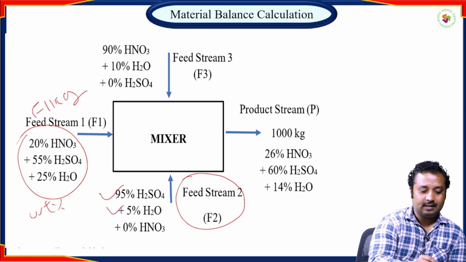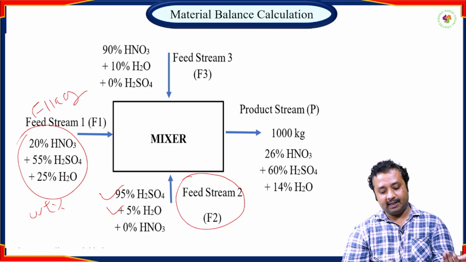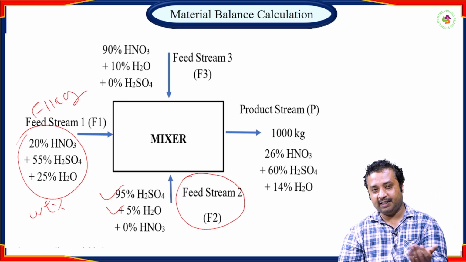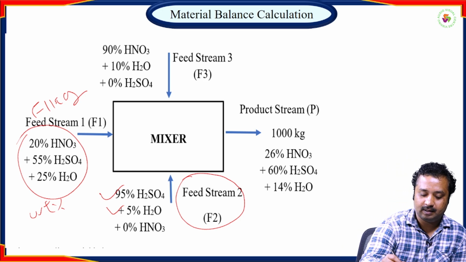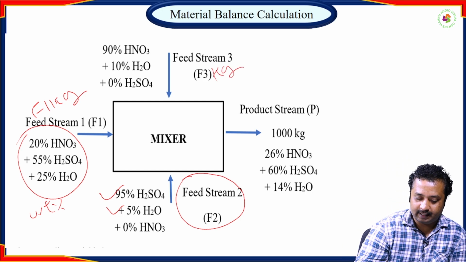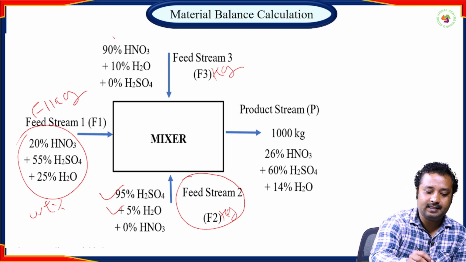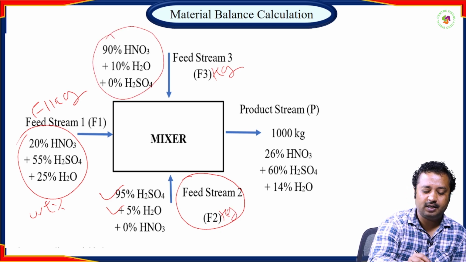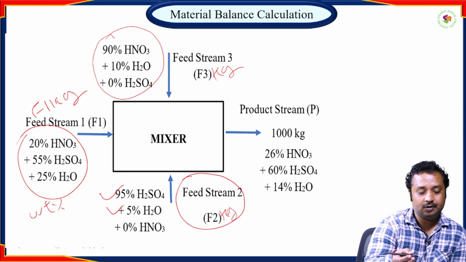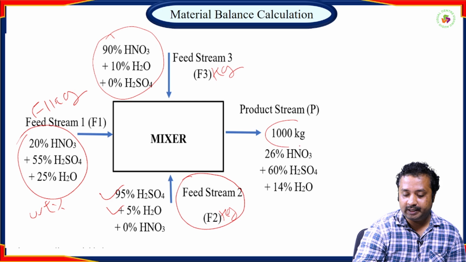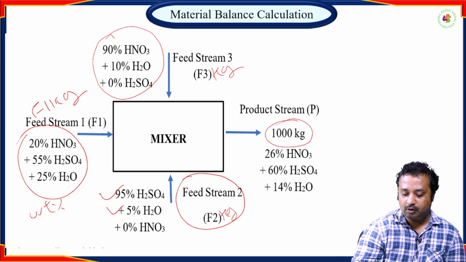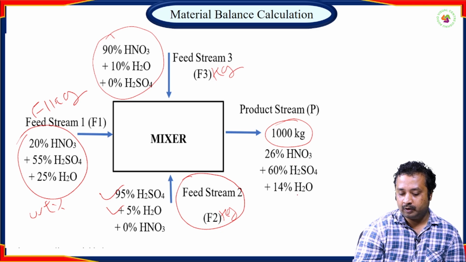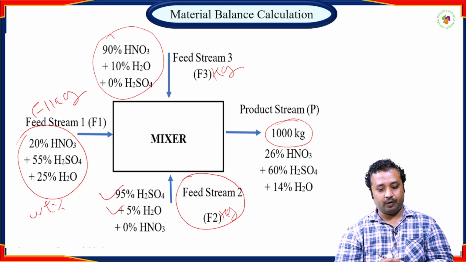I mention this because we have three components, so let us describe all the component percentages in all streams for our calculations. Similarly, for the HNO3 stream, the total amount is F3 kg, and this is the composition: 90% HNO3, 10% H2O, and 0% H2SO4. The product stream total is 1000 kg, which we need to produce, having this composition: HNO3, H2SO4 and water 14%.